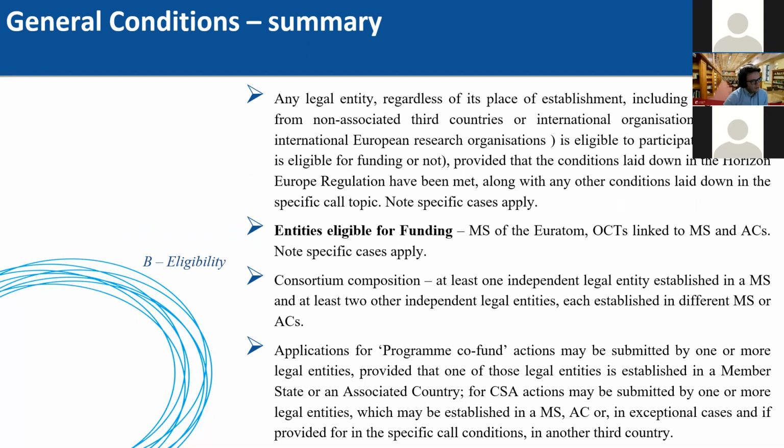With regards to the consortium composition, I've covered this in earlier slides, and of course, the conditions are similar to Horizon Europe, where you have to have the involvement of member states from at least 2 other independent legal entities, and at least each one established in a different member state or associated country.